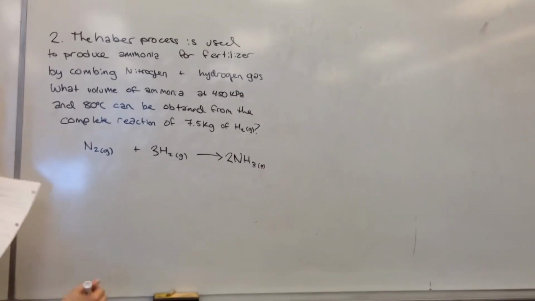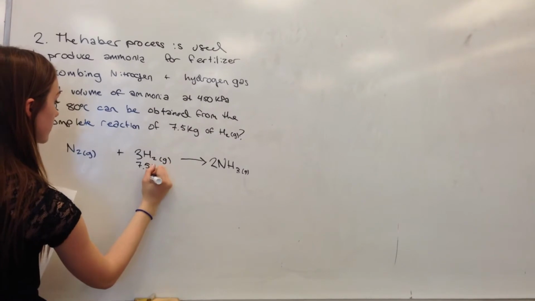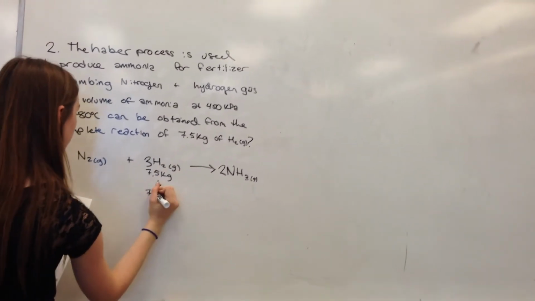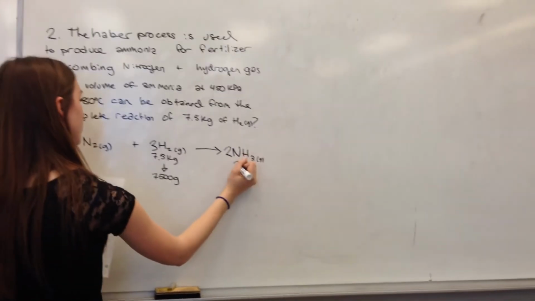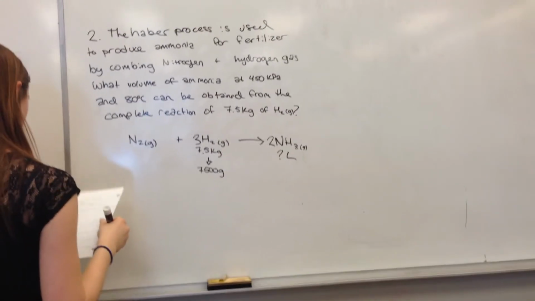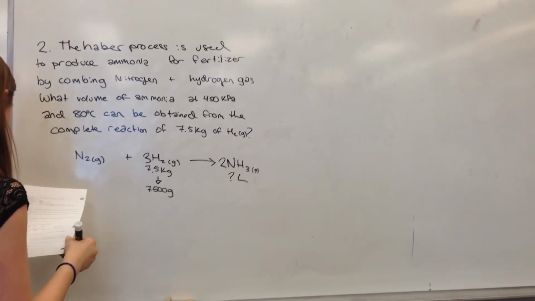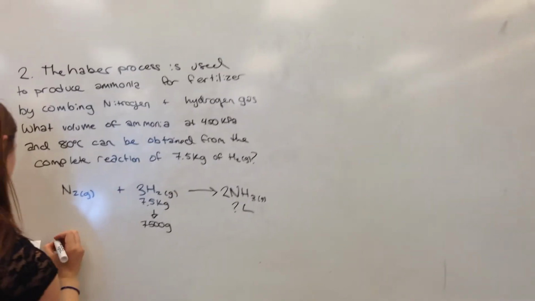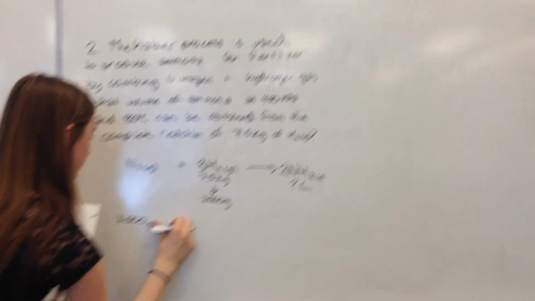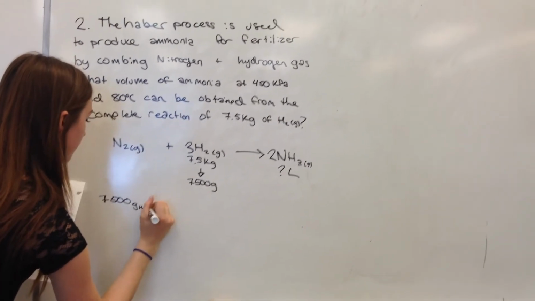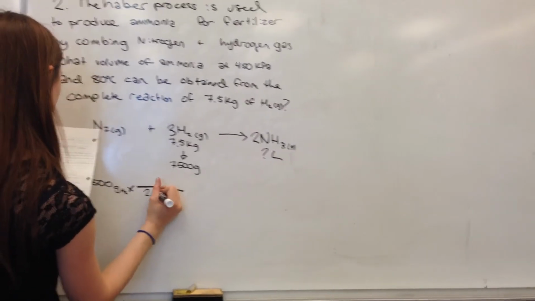Okay, so we know that we have 7.5 kilograms of hydrogen gas. Converted to grams is 7,500. And we need to find the number of liters of ammonia. Okay, so in order to do that, I'm going to use a unit analysis to find the number of moles of ammonia. So we start with grams. Molar mass to convert.